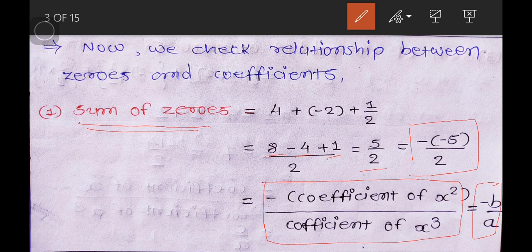So this is the first relationship between zeros and coefficients of a cubic polynomial.